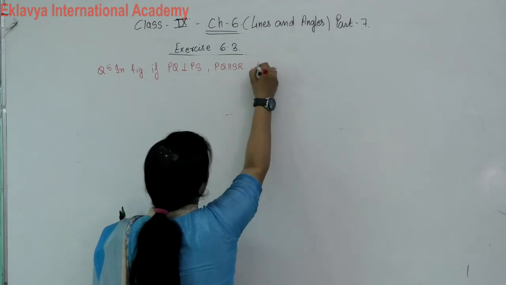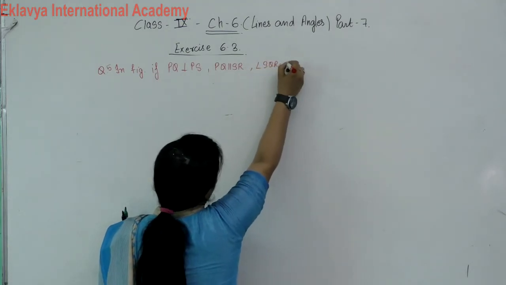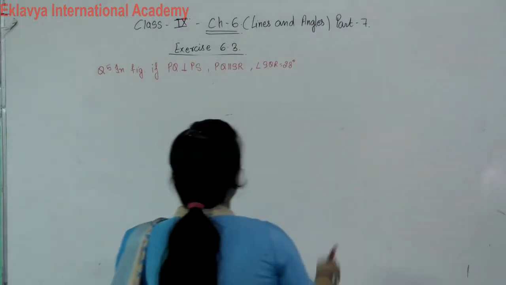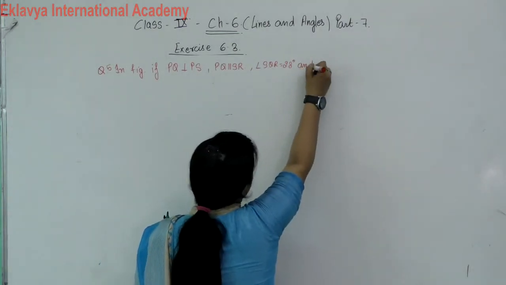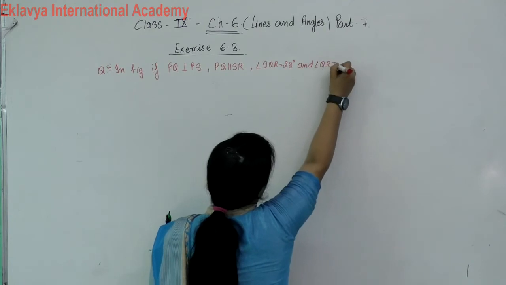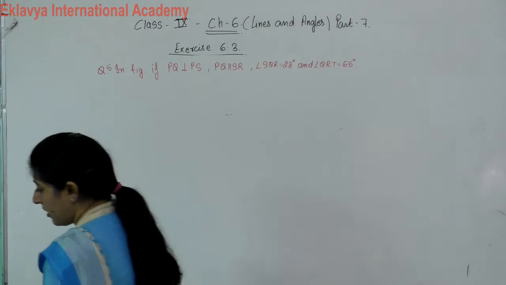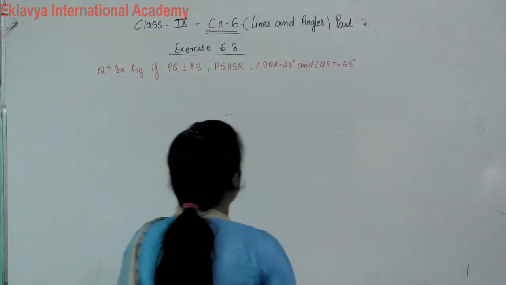Angle SQR is equal to 28 degree and angle QRT is equal to 65 degree. Find the values of X and Y.